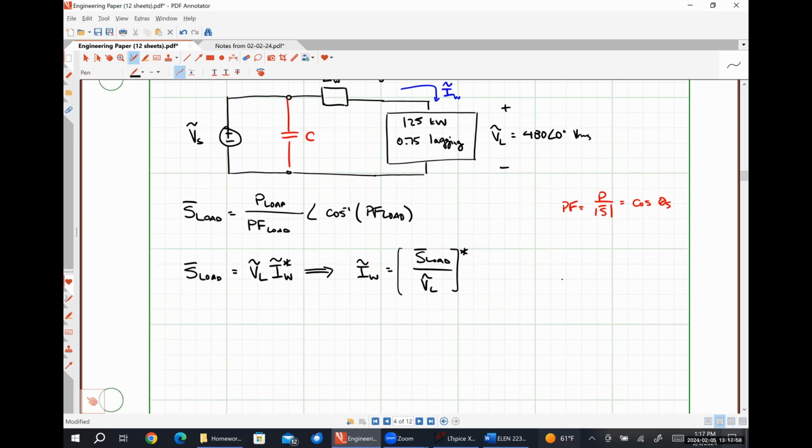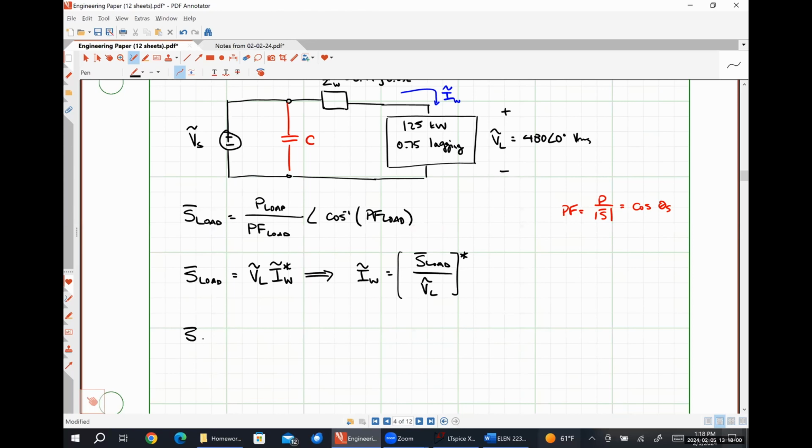From there, the complex power absorbed by my transmission line is just going to be the magnitude of IW squared times ZW.